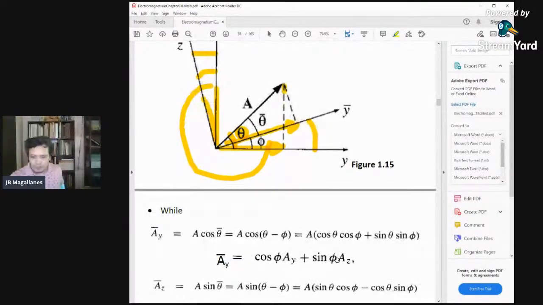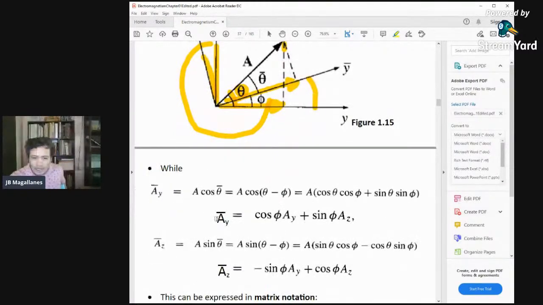But A cosine theta would just be AY. So this is AY cosine phi, and then A sine theta would just be AZ. So you will have sine phi times AZ. So our AY bar is now equal to this in terms of the angle phi, the rotation angle, when it transforms.